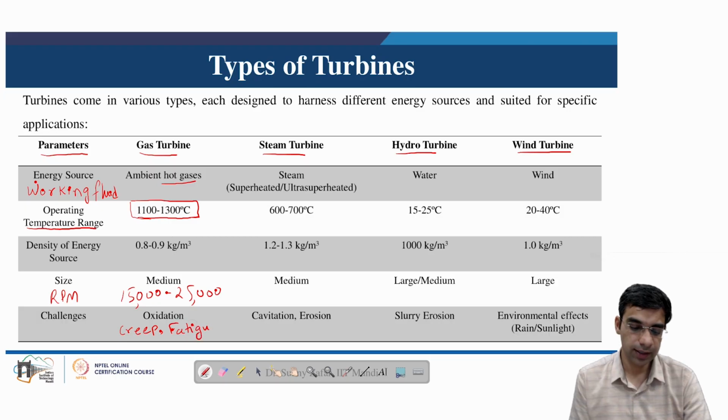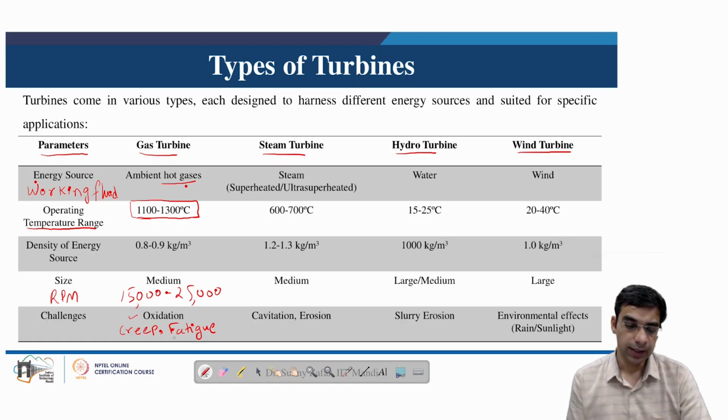We have to look at these challenges, because once we are selecting the material for the gas turbine blades, the material must not malfunction under oxidation, because there is high temperature and there are ambient gases. Creep is basically deformation of materials under high temperature and constant stress. Fatigue, as we know, is failure of materials under cyclic stresses, which can alternate between tension and compression.